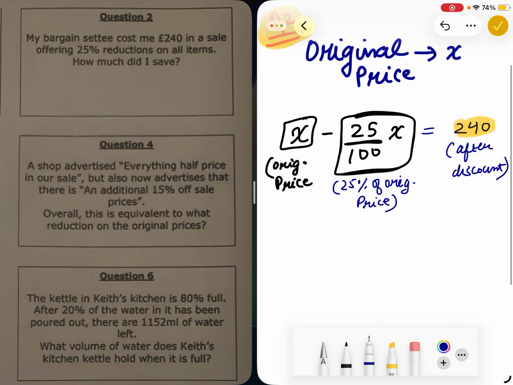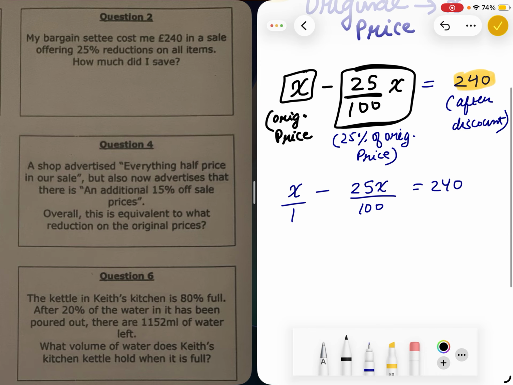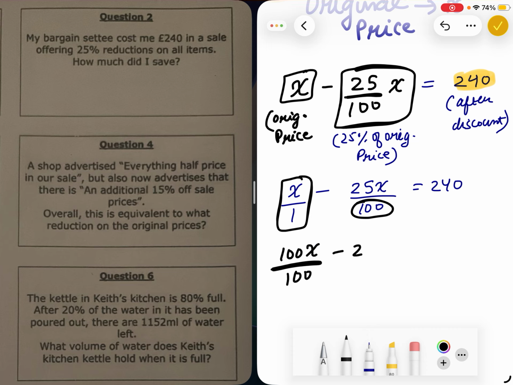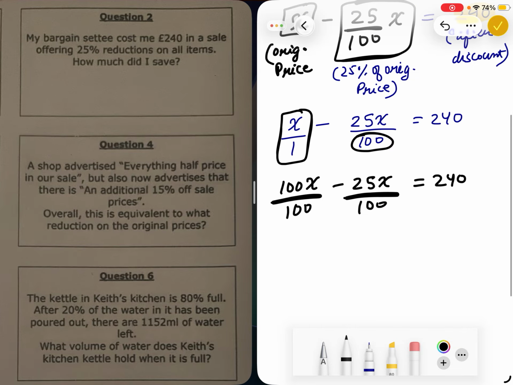So very easy. This is x upon 1, minus 25x upon 100. This is 240. Okay. Now if this is 100, I can try to make this as well by multiplying numerator and denominator with 100. 100x upon 100 minus 25x upon 100 is equals to 240. So 100 minus 25 is 75x upon 100 is 240.